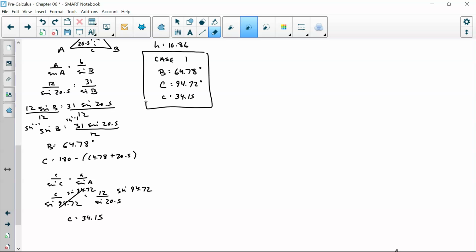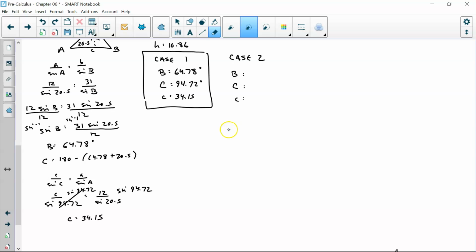Now, there's a possibility that we didn't find the right pieces. So what we could do is maybe angle B isn't acute, maybe angle B is obtuse. So what we would do for case two, the other possible triangle, we'd have to find angle B, angle C, and side c.